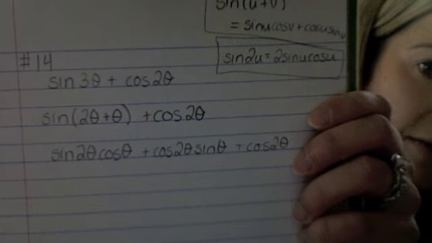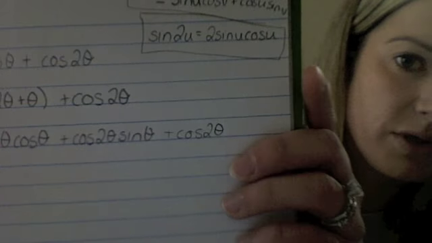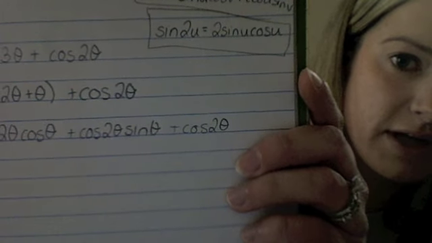And as you remember from your double angle identities that we talked about, let me flip back to them. How I taught it in class was sine of 2u equals 2 sine u cosine u. So I'll box this first one up here. Here's another identity that we're going to use in this problem. That's how we can do sine of 2u; it can be rewritten as 2 sine u cosine u.